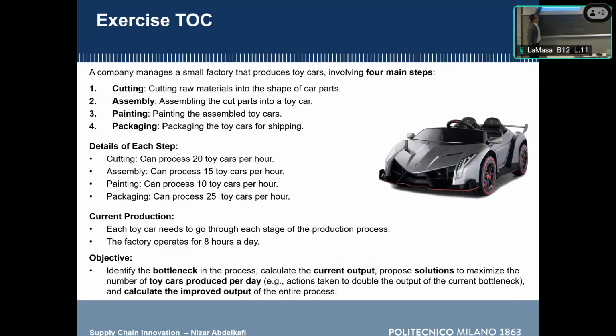Why is it the bottleneck? Because it's the slowest one. It makes only 10 toy cars per hour. Calculate the current output. I'm not saying the rate, I'm saying the output.